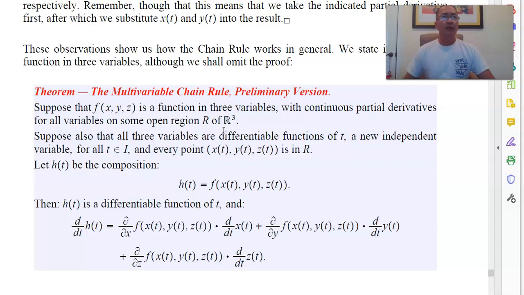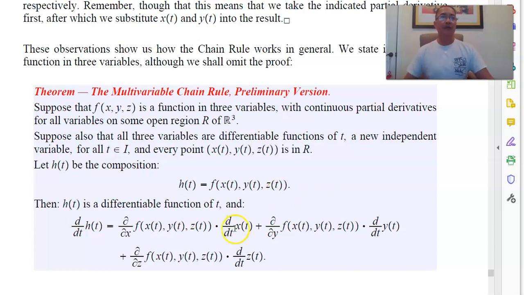Let's also stipulate that x, y, and z are all differentiable functions of a single variable t. So we will create the composition h of t, which will be f evaluated at x of t, y of t, and z of t. Just like what we did earlier, except now we'll allow for 3 variables.